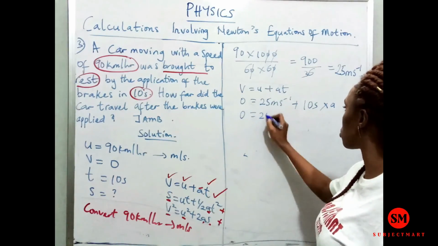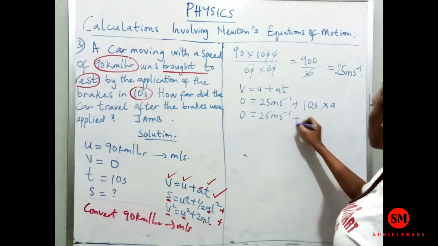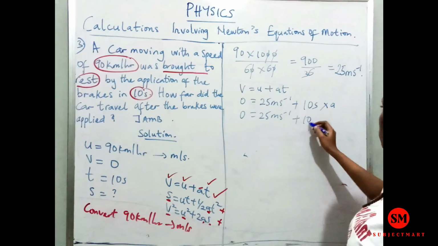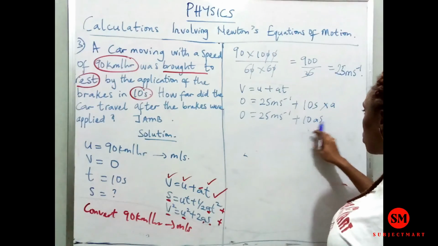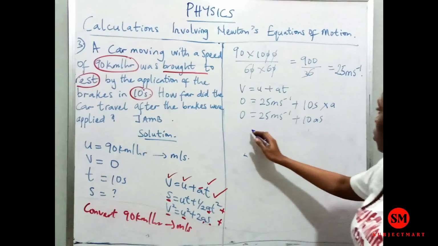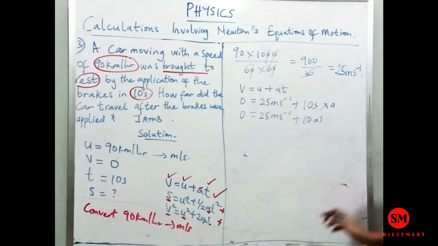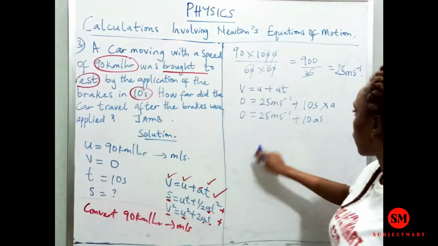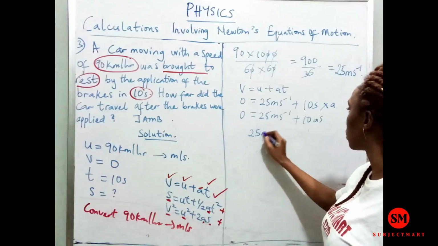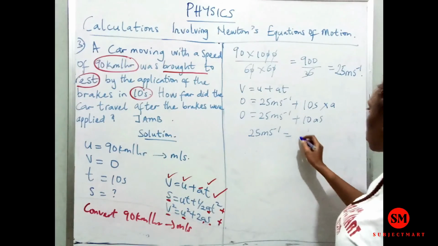Please don't be confused. Now from here, I'll have minus 10A equals 25 meters per second.